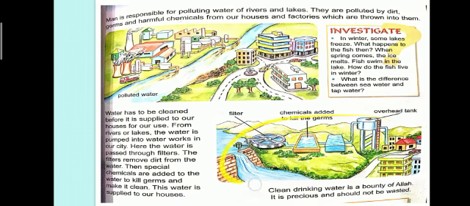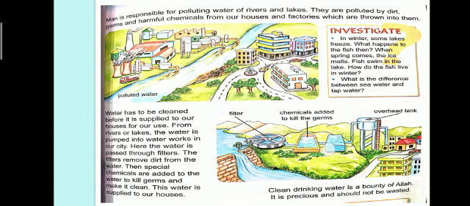So this is a detailed picture in which they are telling us how we get clean water. First of all, you can see here the water bodies like oceans, rivers and seas. The water is collected here and sent to an area that has the filters, and the filters clean the dirt from the water. Then this clean water is sent to another area where some chemicals are added to kill the germs of the water.